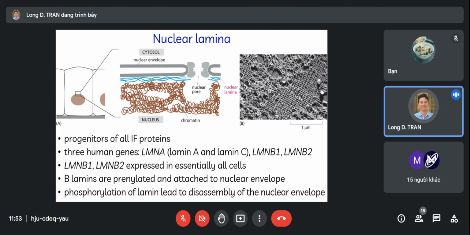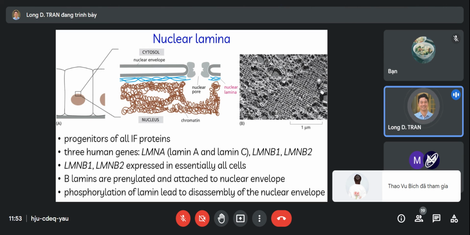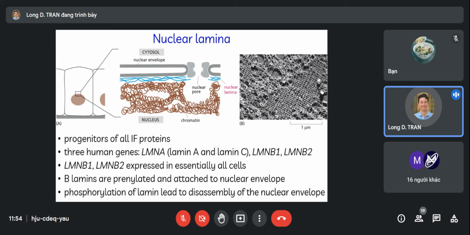In humans, there are 3 genes encoding lamins, lamin A, lamin B1, lamin B2, but there are 4 different proteins. Lamin B1 and B2 are expressed in all cells, but lamin A and C are regulated. Their expression is controlled by cell development and specification.